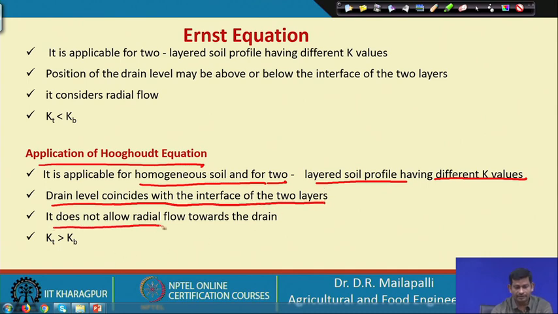It does not allow radial flow towards the drain, with kT greater than kb, so in the Hooghoudt equation the top layer is more permeable than the bottom layer.